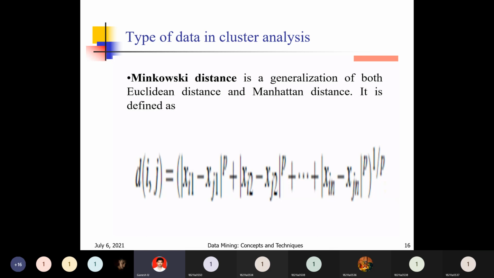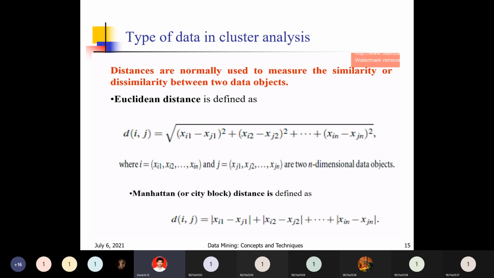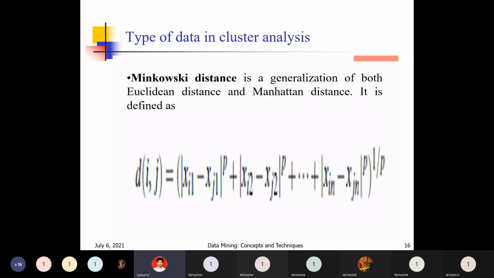If you have many attributes and are not sure which distance to calculate, Euclidean or Manhattan, you can simply use the third formula, the Minkowski distance, which is the generalization of both. Then you can proceed with this distance value.